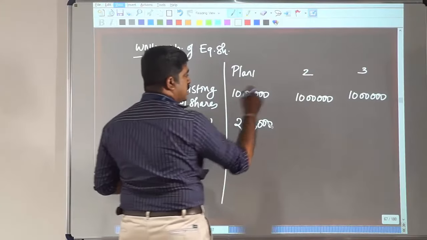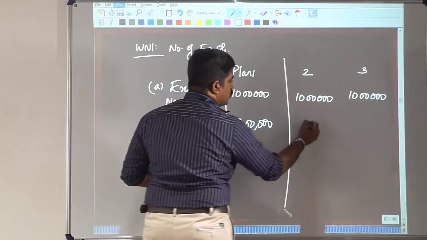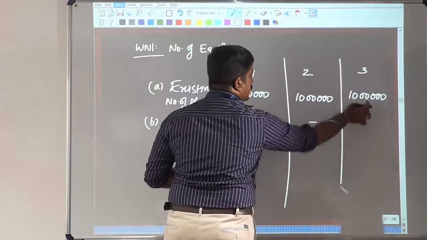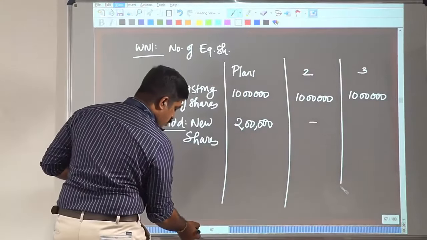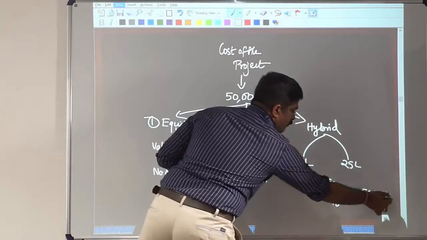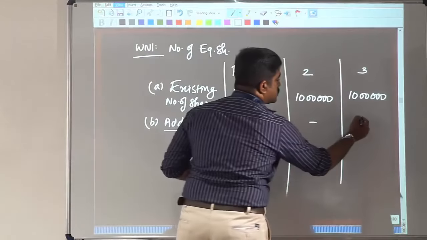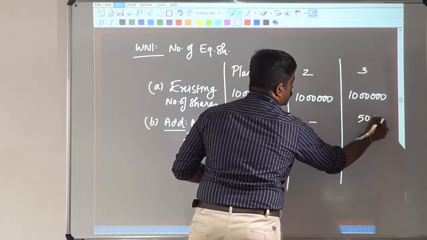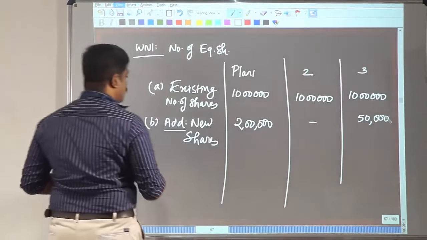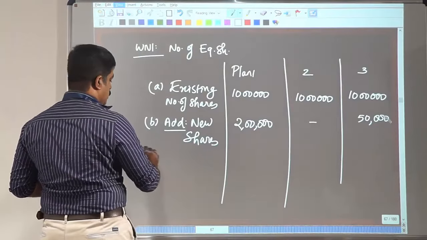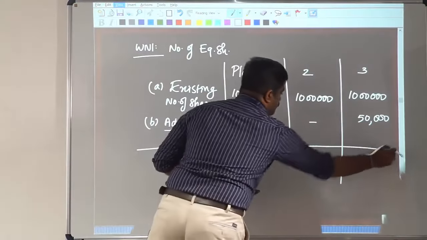If you take plan 2, it is a full debt option, so no new shares. But if you take plan 3, new shares have to be issued. It's basically 50,000 shares. Okay, so let me capture that. It is 50,000. So now we have the complete picture of the number of shares. Okay. So let me total this.